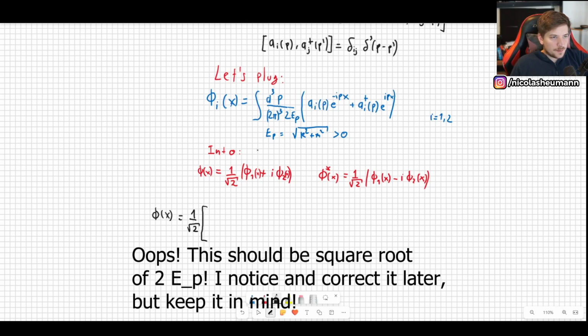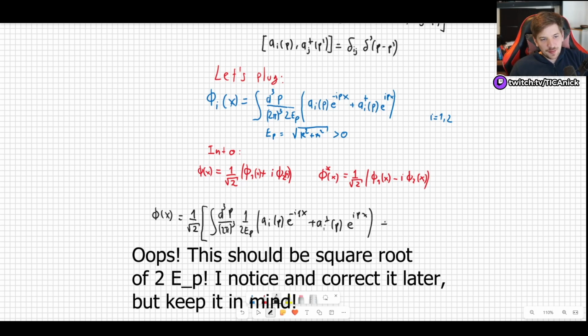So that would be phi_1. This is the integral d^3p over (2 pi)^3, 1 over 2E_p, and then we got a_i(p) e^(-ipx) plus a_i dagger(p) e^(ipx).